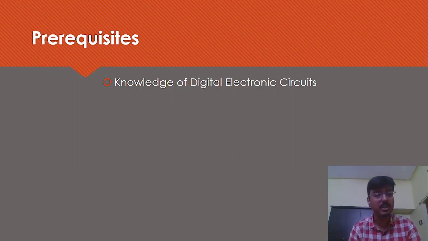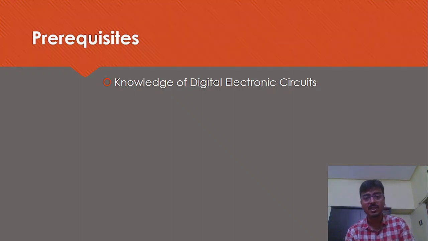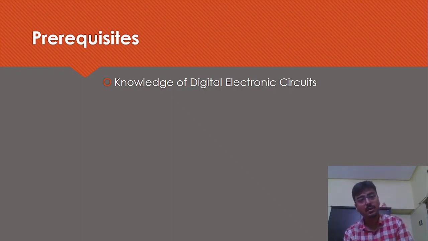How is it different from combinational circuits? What are the basic blocks of sequential circuits, like different types of latches and flip-flops? And how to interconnect them in order to form circuits like registers, counters, etc. Up to this much knowledge you must have in order to go through this course.